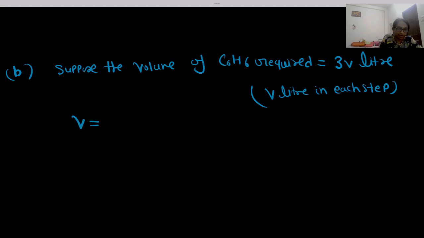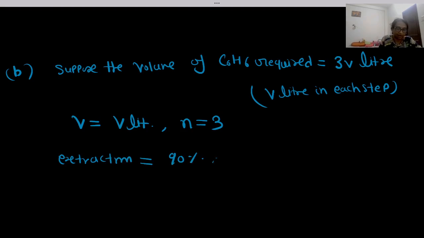Then V is equal to V liters, and the number of moles is equal to 3. Now, our extraction is equal to 90%, and the amount left unextracted is how much? 10%, right?